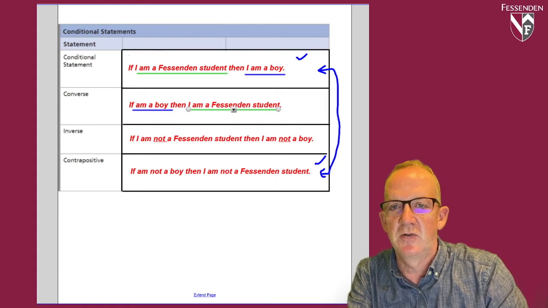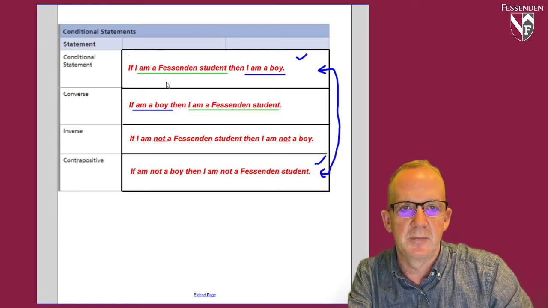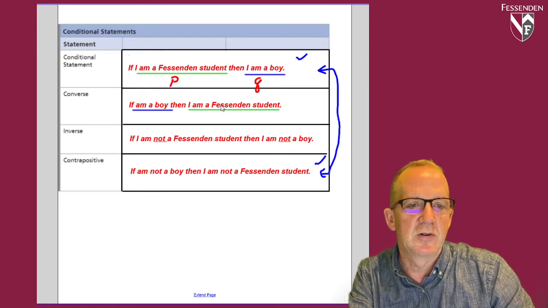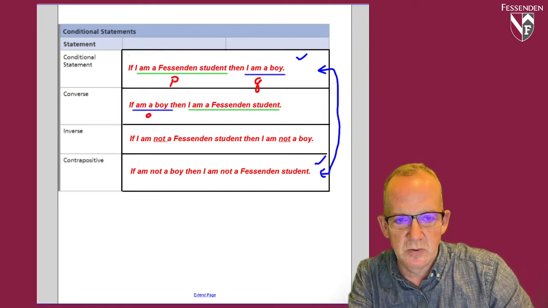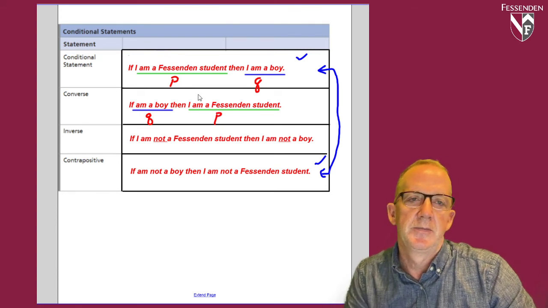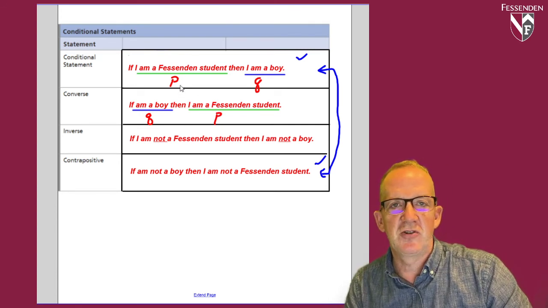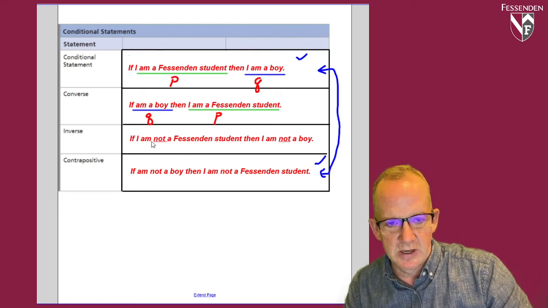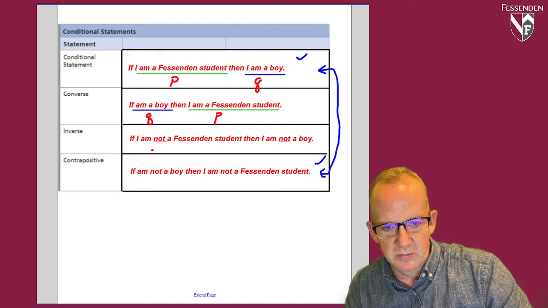And we also use letters sometimes. Let's go ahead and use P for hypothesis, and Q for conclusion. And then the Q is here, and the P is here. It's just a little bit of logic notation. And then if we do, the inverse, this is going to be not.